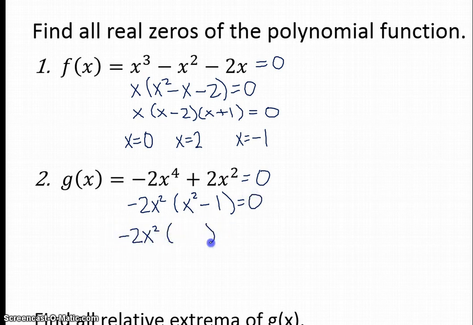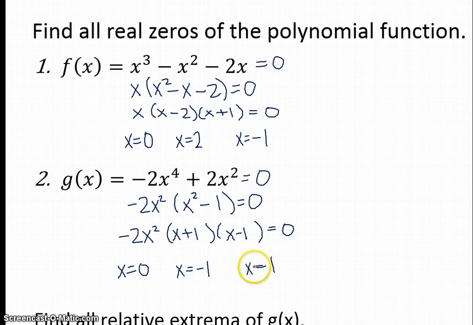The x squared minus 1 is a difference of two squares, so that factors to x plus 1 and x minus 1. Again, I have all these things multiplied equaling 0, so I can set each of those equal to 0. This gives me x equals 0, x equals negative 1, and x equals positive 1.